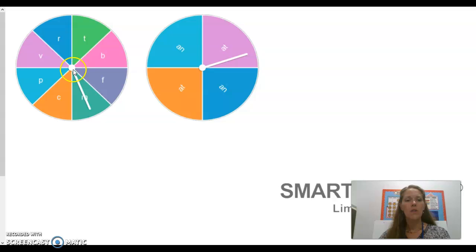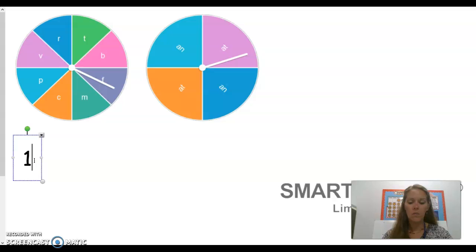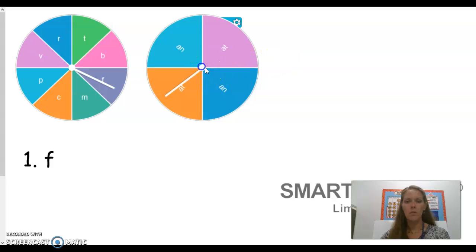So, for example, here I'm going to spin, and I got the letter F. So what I'm going to do then is, by my number 1, I'm going to start with the letter F. Now, we have to spin the other one for a word part. Let's see what word part we get. That's an.